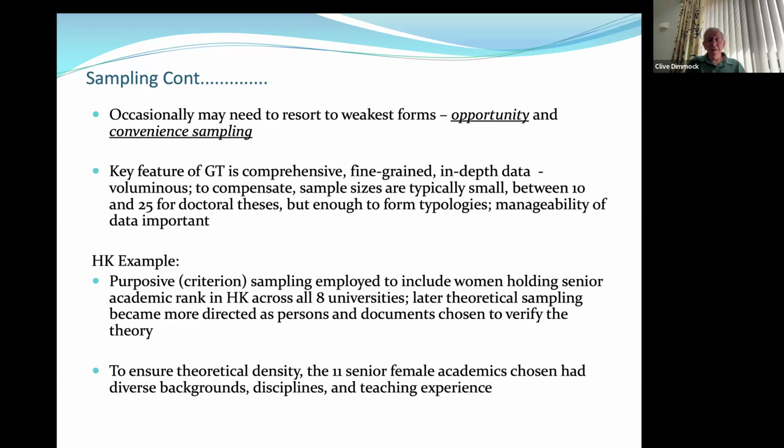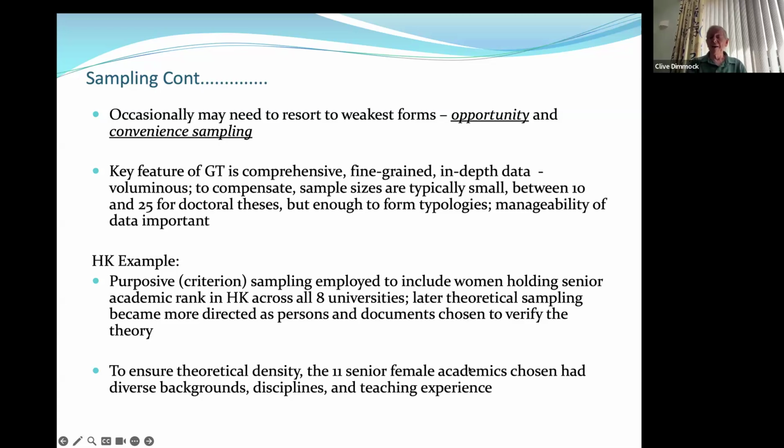So the key feature of GT is it's comprehensive, it's in depth, it's fine grained. Sample sizes, particularly for postgrads, would be between 10 and 25. You can't form typologies unless you have a certain minimum number. And as I say here, my student adopted criterion sampling as one of the sampling methods because she needed women to be holding senior academic positions.